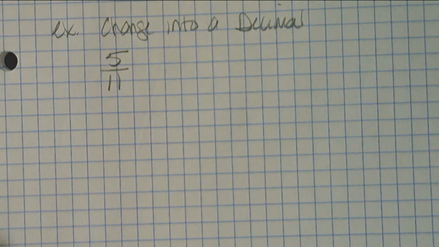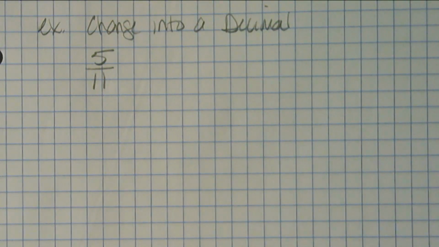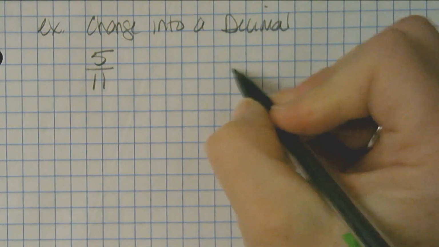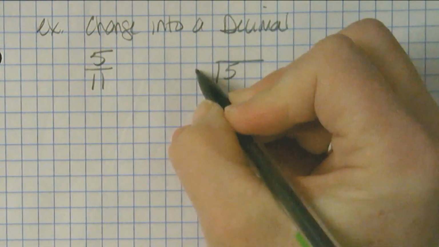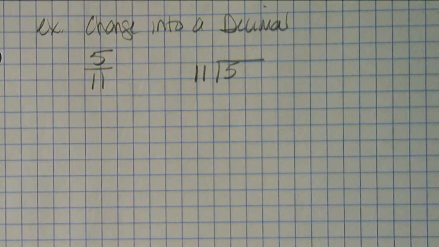Please do not use your calculators. Remember, it's always your numerator divided by your denominator. So if your numerator is bigger than your denominator, you're still going to do your numerator divided by your denominator. Don't forget.